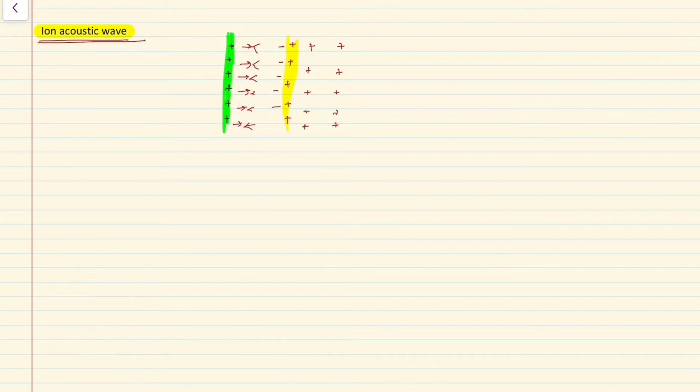Then again these columns will repel each other, then this column of ions will be shifted, and on the left hand side this column of ions is also shifted to the original position again.